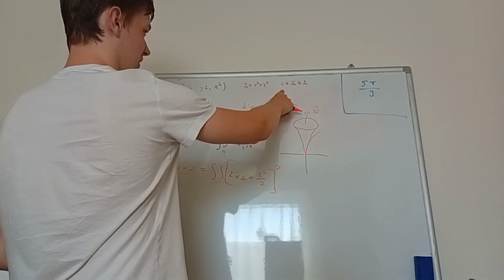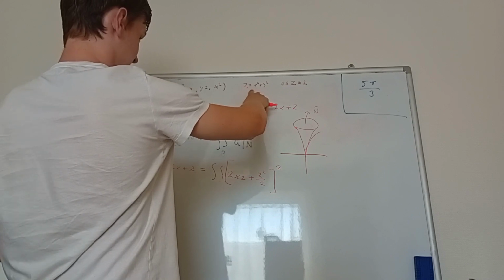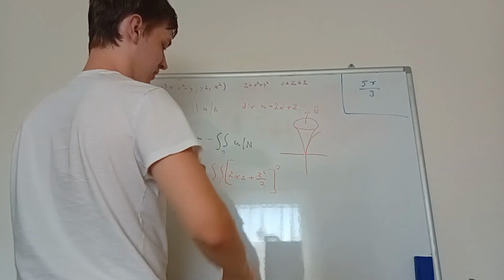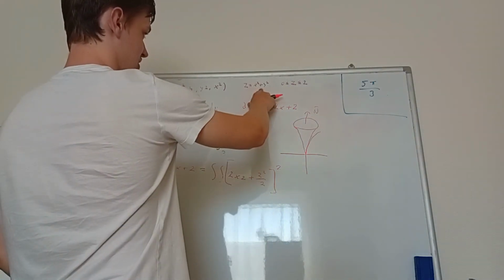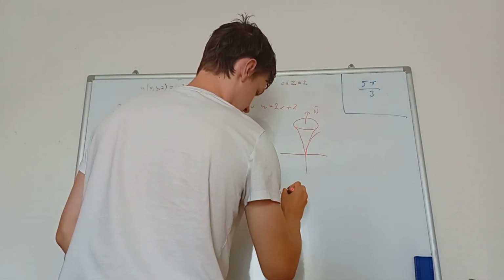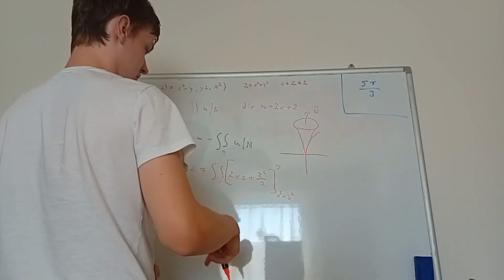It's not 0, because c also is these circles running down here, all the way down to when the xy plane will be 0. So it's actually x squared plus y squared. That will be the bottom border.